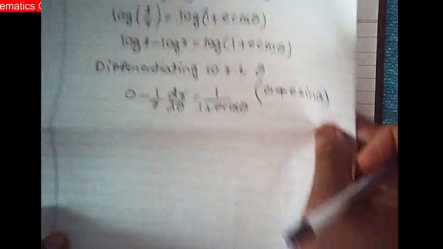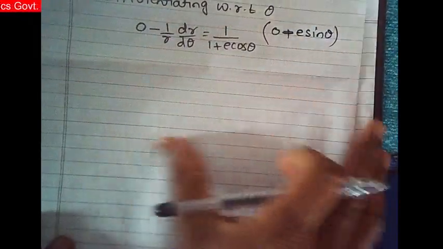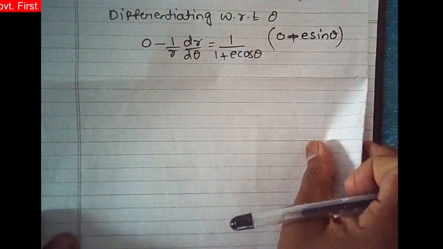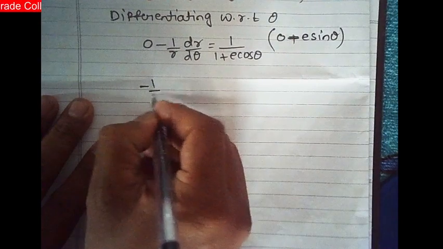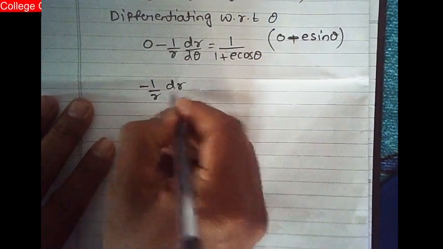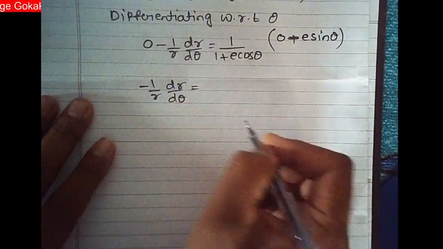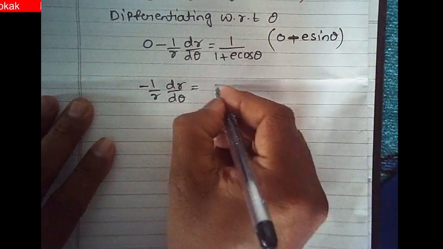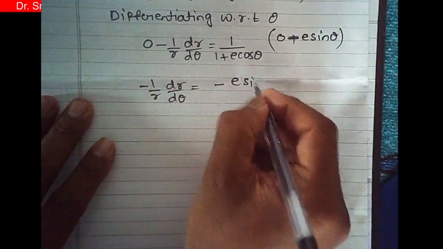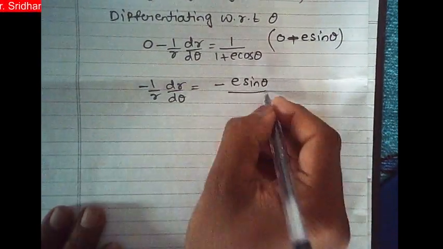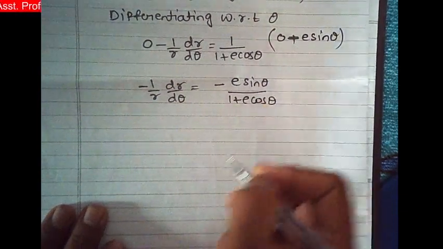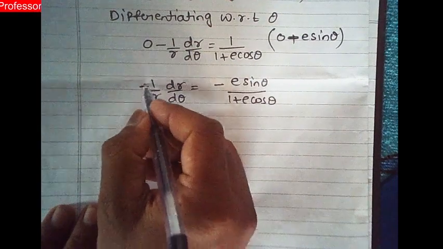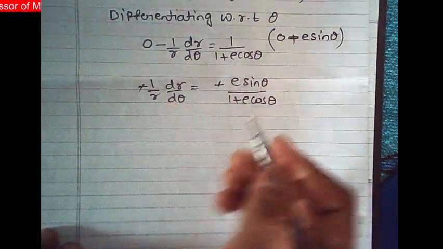So with this, 1/r dr/d theta is equal to minus e sin theta divided by 1 + e cos theta. Now the minus on both sides gets cancelled.